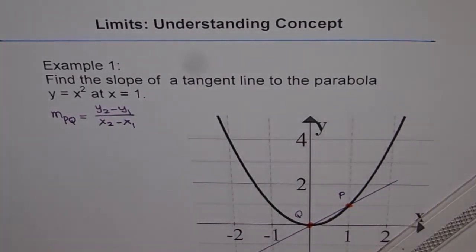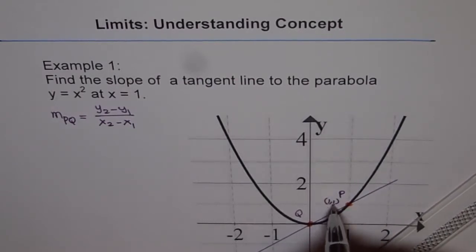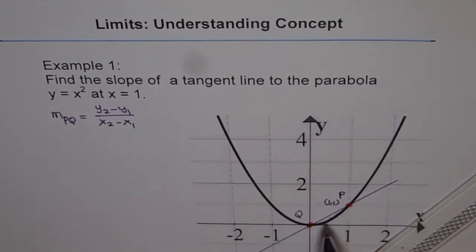Now, we know 1 point, which is 1, 1. So the point P is 1, 1. But for the other point, we just take a random point close to P, and then we will bring this Q closer and closer to P, and then figure out what the slope is.